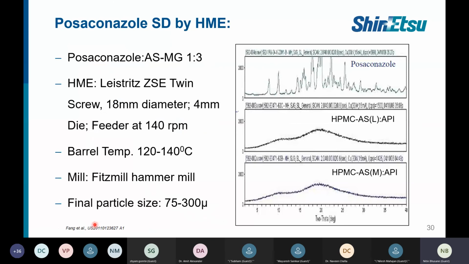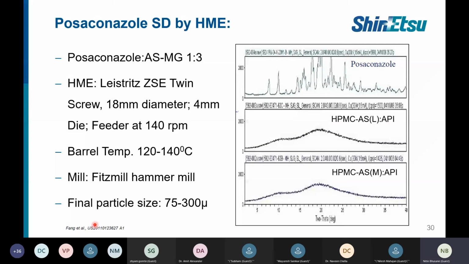As you can read in the patent, the plain drug posaconazole is completely crystalline in nature. When they used HPMC AS-L along with the API in a 1:3 proportion and ran the process on the Leistritz HME, a German make, I guess, at around 120 to 140 degrees Celsius, the completely crystalline drug converted into amorphous form.